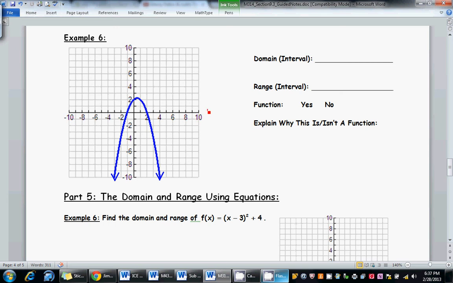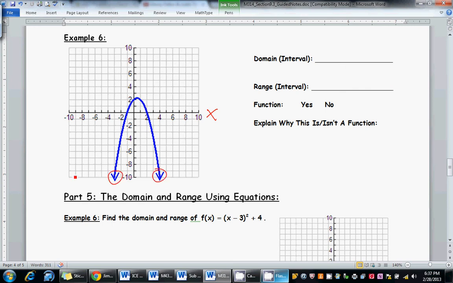So, let's talk domains. What's the smallest x value here? If I follow along the graph here for a little bit, it's pretty clear that this is going down, and the arrows tell me that it's going down to negative infinity. But I'm talking about domain, so I don't really care that it's going down.